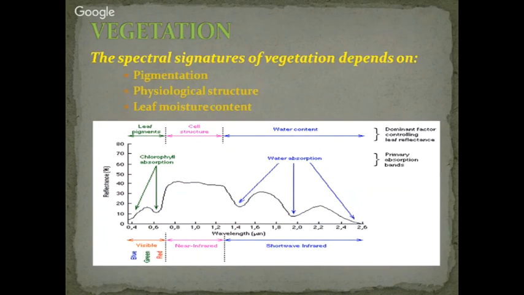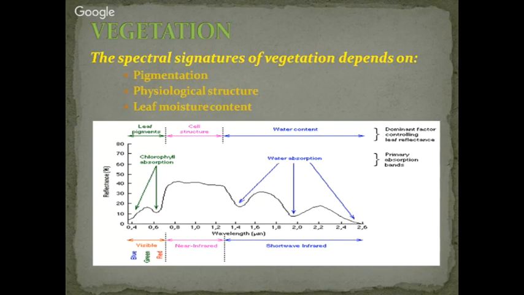So let us start with vegetation, and how vegetation is identifiable using these spectral signatures. For vegetation, the spectral signature, or how the vegetation will behave, depends on three important factors. One is the pigmentation, another is the physiological structure of the leaves, and the third is the moisture content in the leaf.